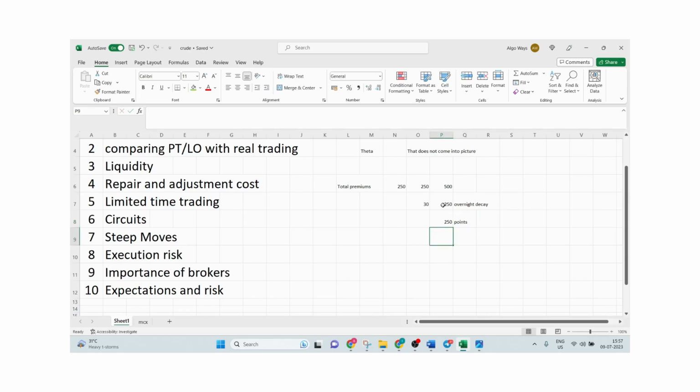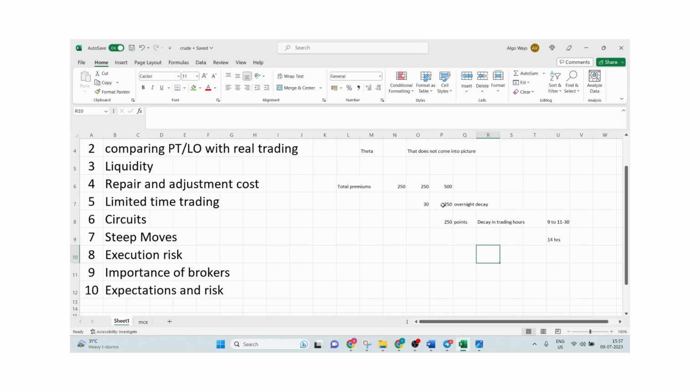Trading hours means 9 to 11:30. That is the total trading hours: 9 up to 3 is 12, plus 3 is 14 hours.